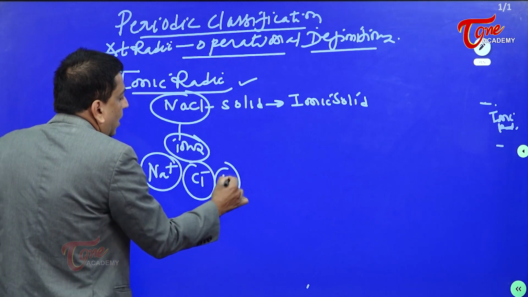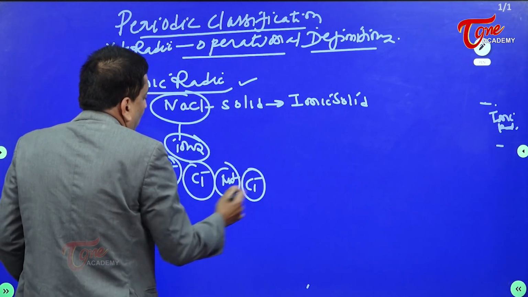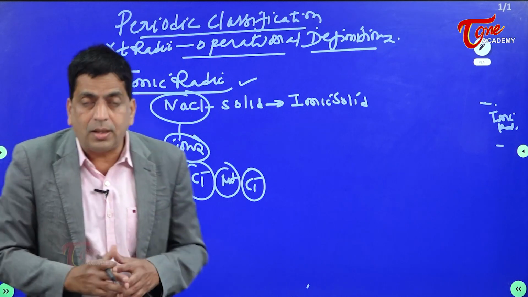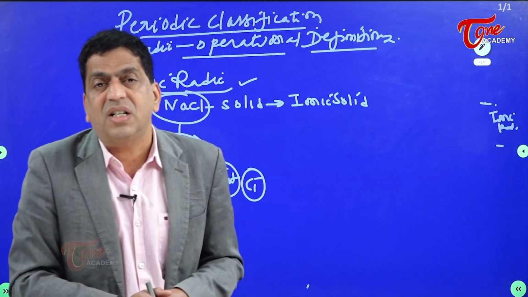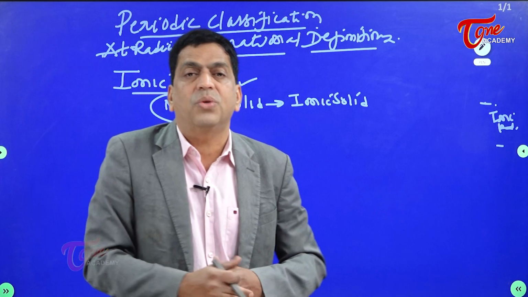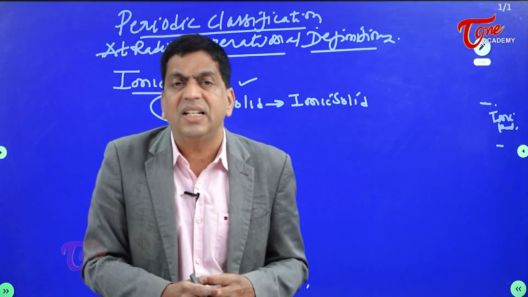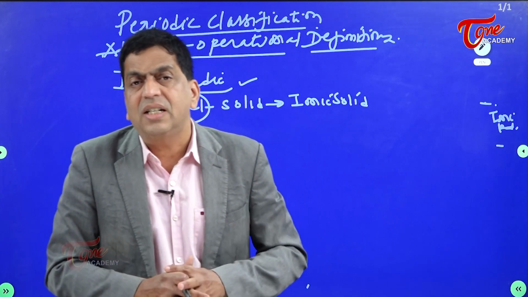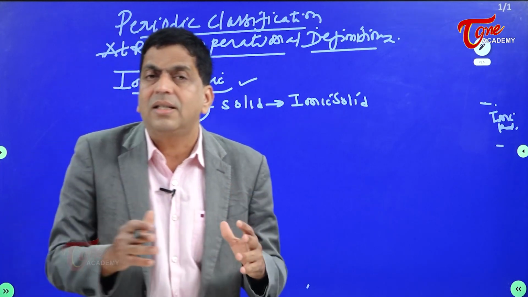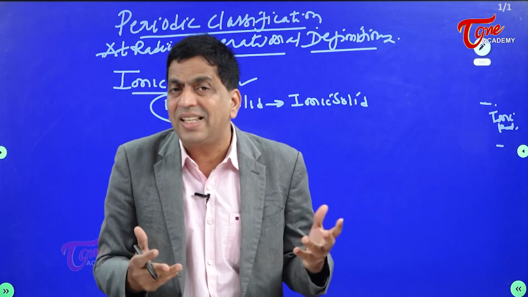That is how the setup is for the NaCl crystal. There are no atoms of sodium, no atoms of chlorine, neither do you have molecules of NaCl. The basic particles available in sodium chloride are ions.